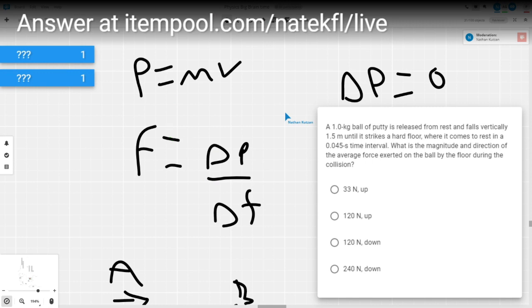All right, just a couple more minutes. Just as a little hint, you're going to have to combine things from outside of momentum to solve this question.